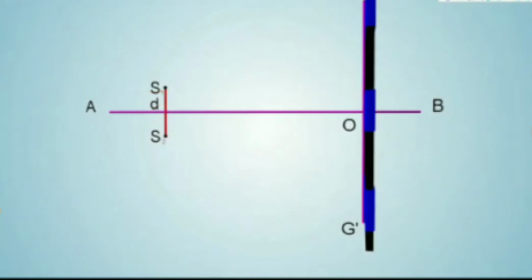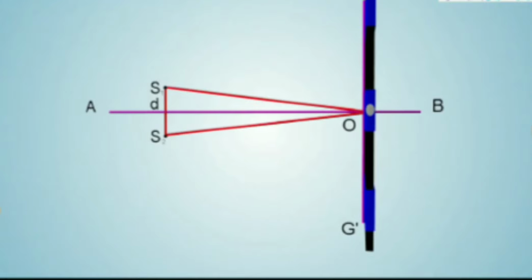If the central point O is considered to be equidistant from both the sources S1 and S2, then S1O is equal to S2O.